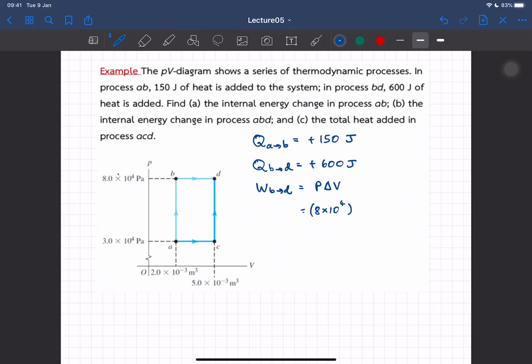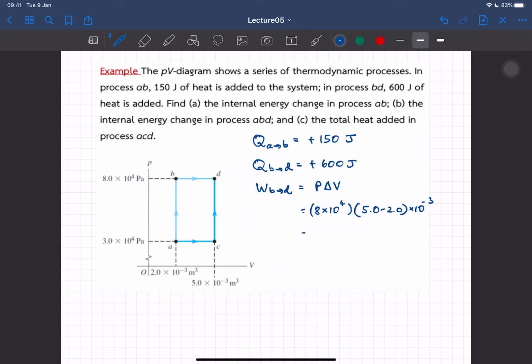That's P, right? This value here. Times delta V, which is 5.0 minus 2.0 times 10 to the minus 3 cubic meters. Okay, so I'm not writing the units because everything is in SI units already.